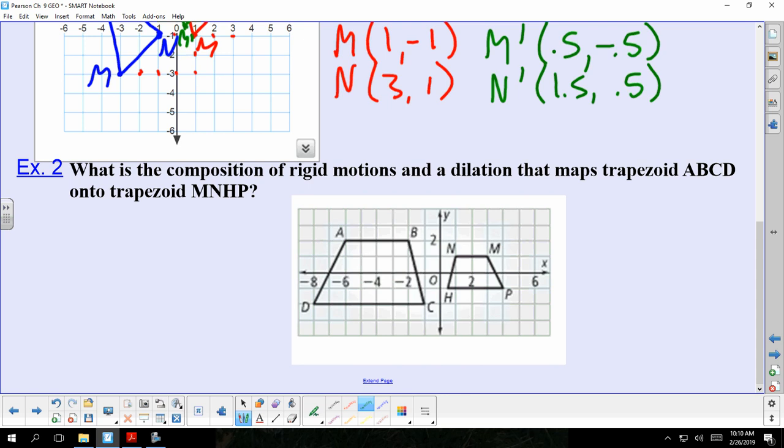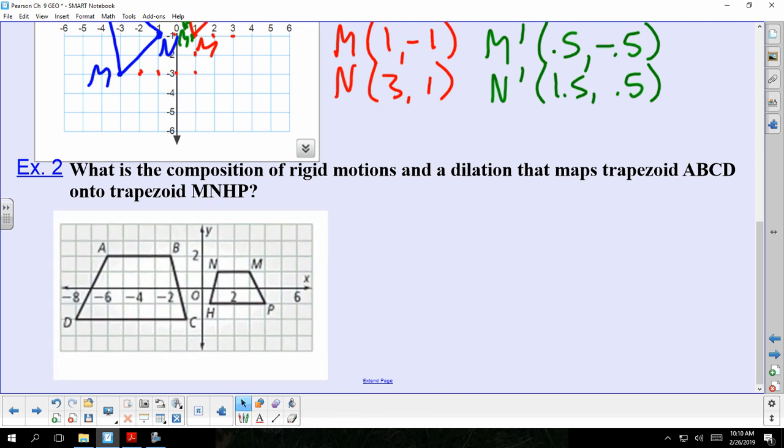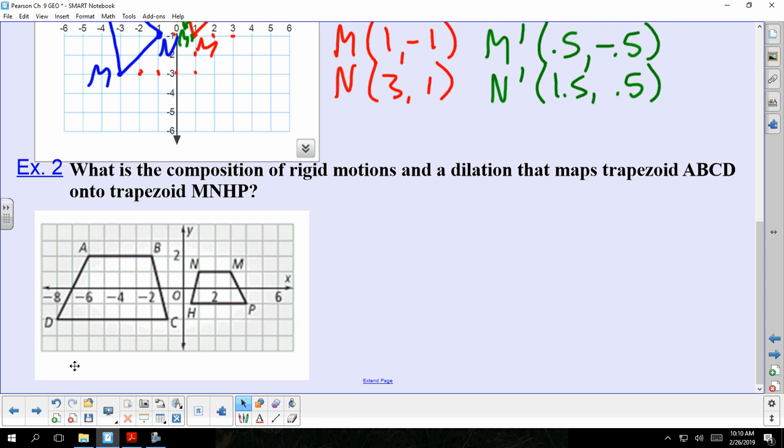So typically, what I'm going to look for first is, let me first see if I can get the shapes the same size. So let's perform our dilation first. What I'm going to do is see if I have a horizontal or vertical line, and then see if I can find that scale factor.